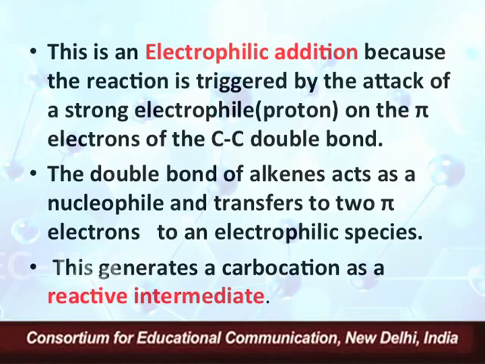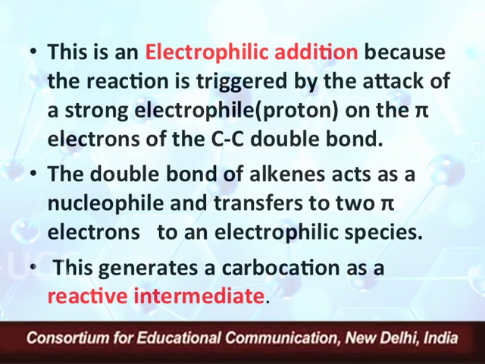If we look into the general mechanism, or how do we explain this electrophilic addition, then we say that this reaction is an example of electrophilic addition reaction because the reaction is triggered by the attack of a strong electrophile, which is a proton, on the pi electrons of the carbon-carbon double bond.